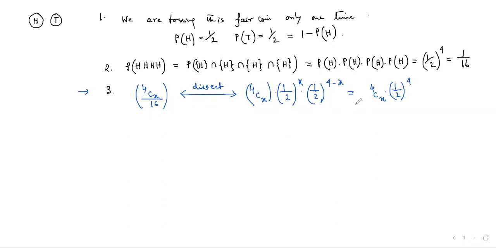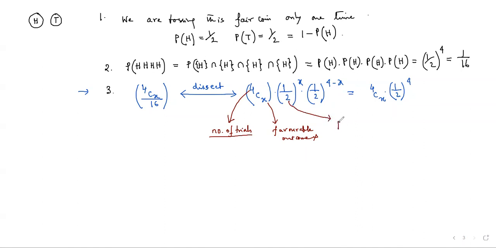So we have dissected the formula in this manner. Now let us find out what the individual terms are. This term 4 is actually the number of trials that I have made. This term x is the favorable outcome that we want, or favorable outcomes that may come. What is this head half?